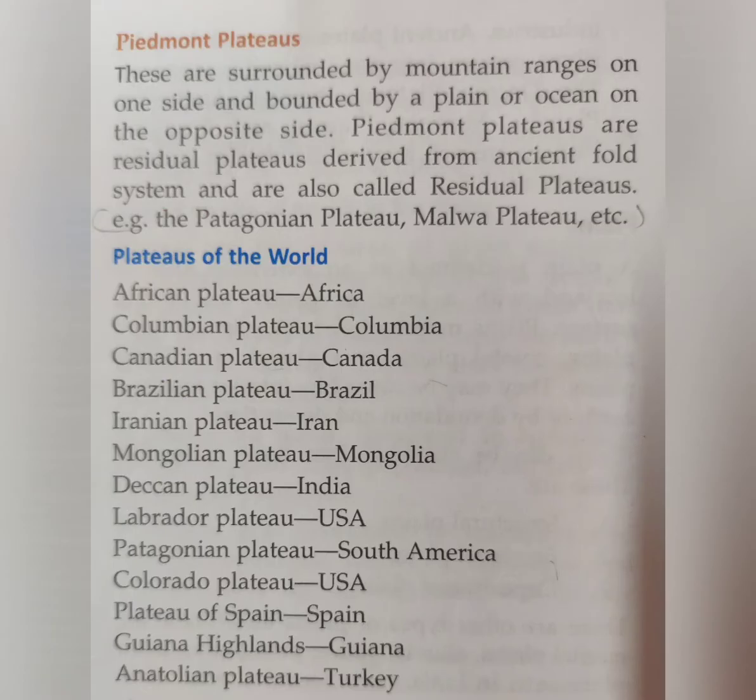Now, the last type of plateau is the Piedmont Plateau. These are surrounded by mountain ranges. On one side it has mountains, and on the opposite side it is bounded by plains or oceans.